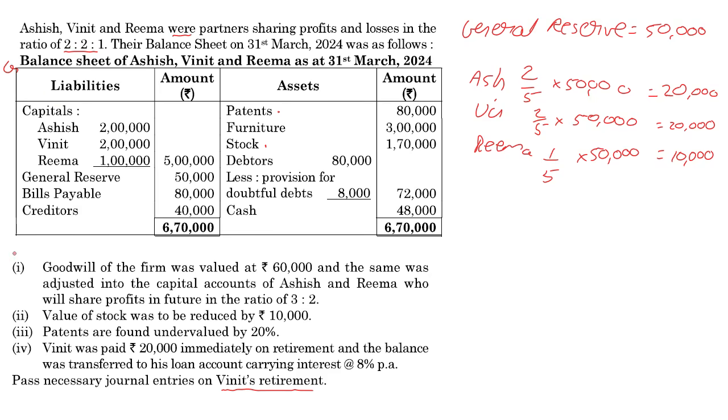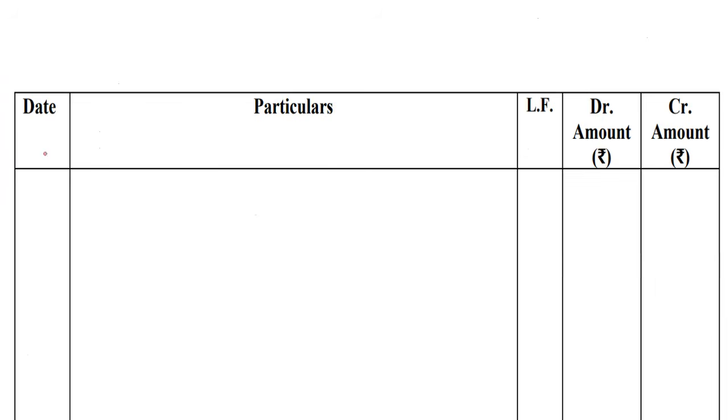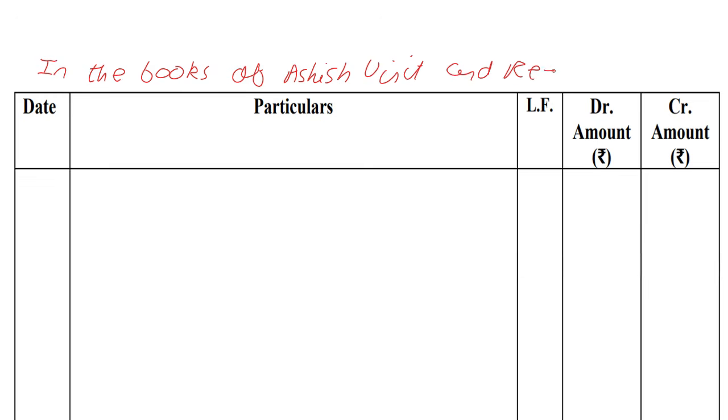So it's going to be general reserve account debit, in the books of Ashish, Vinit, and Reema.